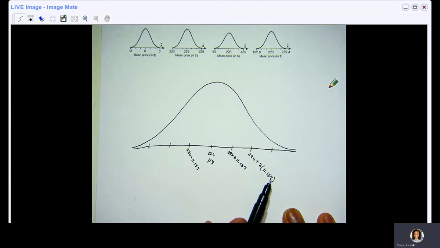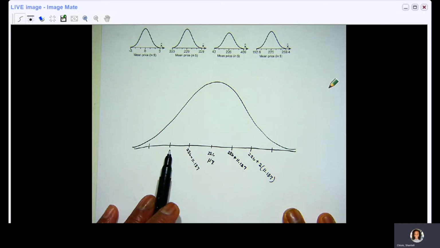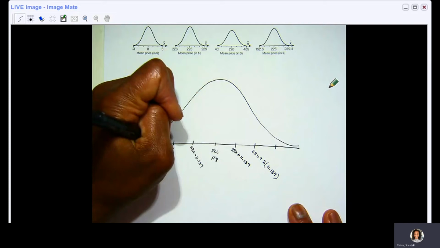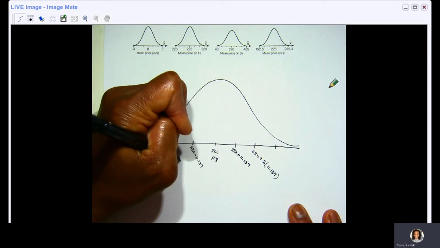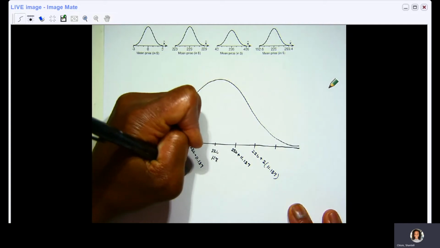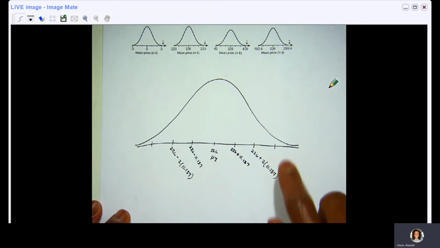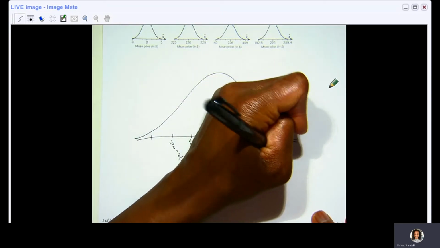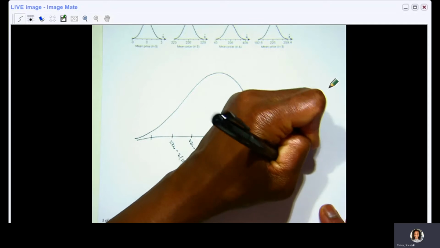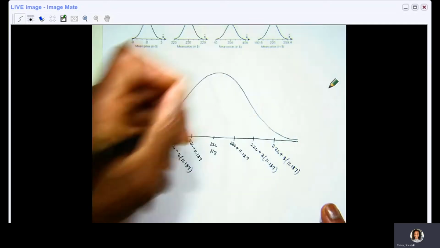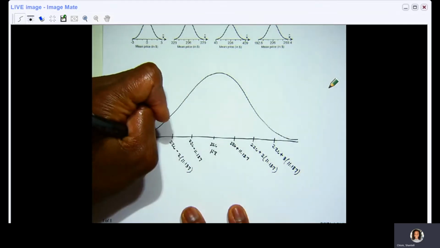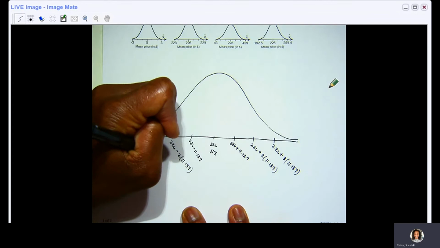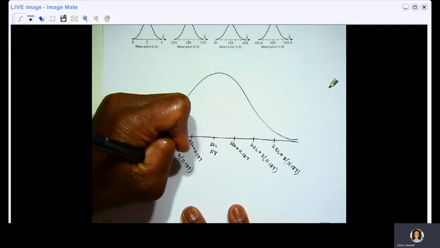So I could add 11.137 twice, or I could say 226 plus 2 times 11.137. This one would be 2 deviations below it. So it would be 226 minus 2 times 11.137. And then lastly, this would be 3 deviations above it. So 226 plus 3 times 11.137. And this would be 3 deviations below. 226 minus 3 times 11.137.